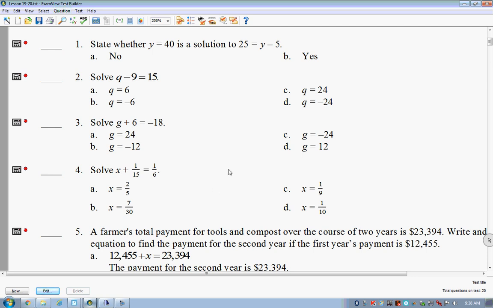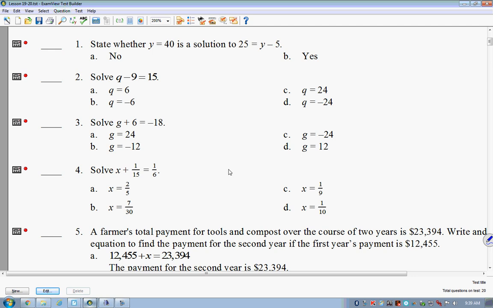What is the solution for y? 30, right? And how would I go about solving that without just looking at it? What property could I use to solve for y? Addition property of equality, right? What would I have to do to both sides? Add 5, right? So if I add 5 to both sides, I get y equals 30.